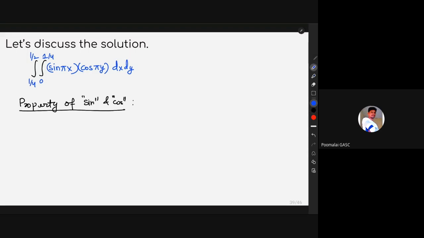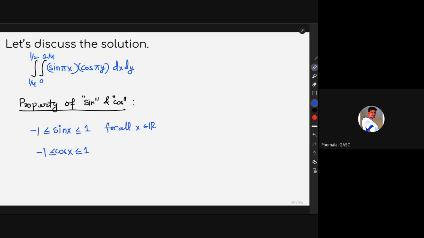What is that property? The sine function is always bounded below by -1 and bounded above by 1 for all x in R. Similarly, the cos function is also bounded below by -1 and above by 1. So this is the property that I'm going to use.